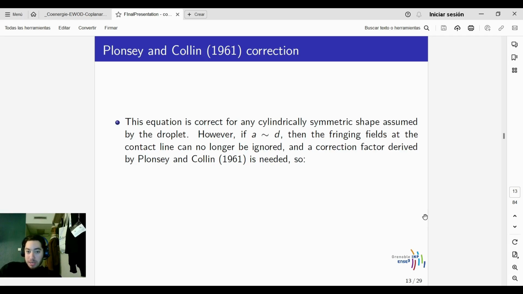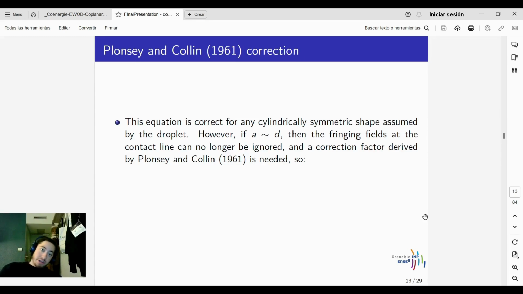However, in the cases where the thickness of the dielectric might not be that small, so if the horizontal deformation of the droplet is more or less equal to the thickness of the dielectric, then the fringing field that is originated might not be negligible, and it can no longer be ignored.